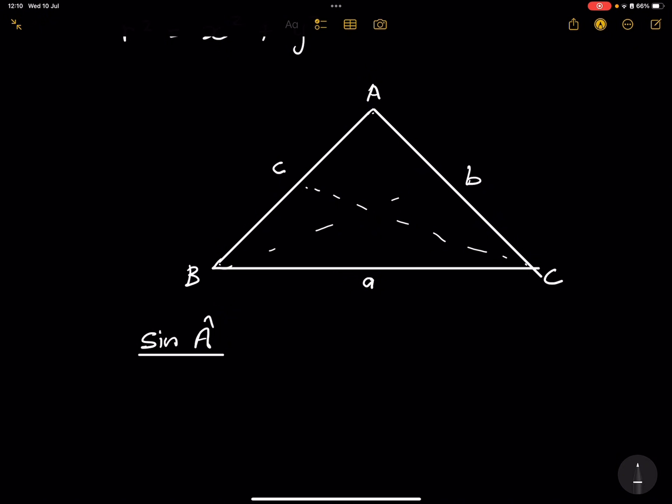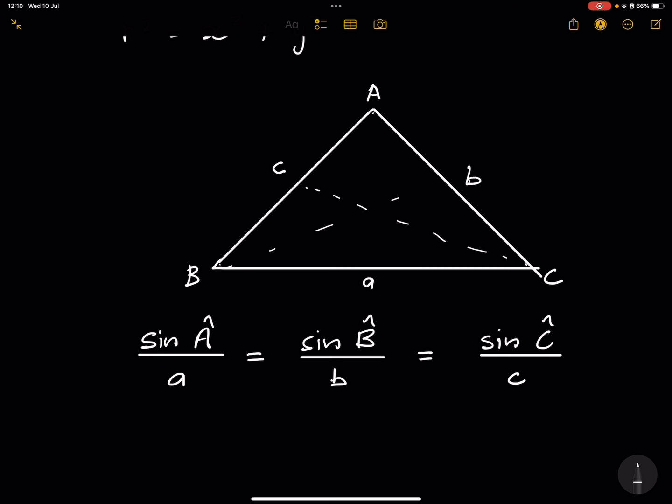So we say the sine of A divided by the side opposite that angle, which is small a, is equal to the sine of angle B over the side opposite that angle, small b, and in this case divided by the sine of angle C divided by small c.